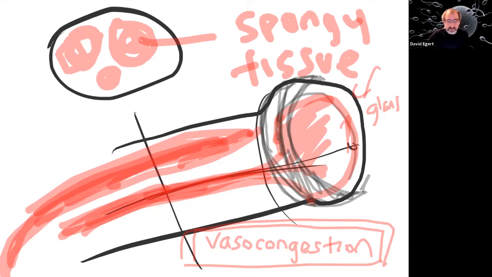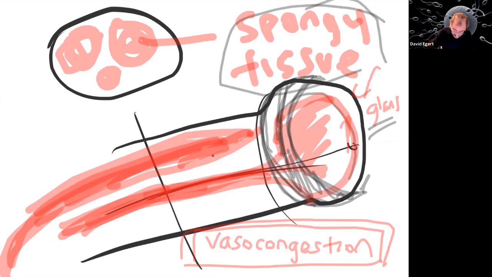So glans penis means actually the acorn of the penis, which is kind of hilarious. But the clitoris also has spongy tissue that is going to swell up during sexual arousal as well. But in the guy, the spongy tissue is going to cause the erection of the penis.